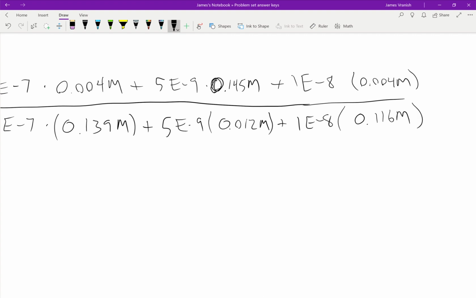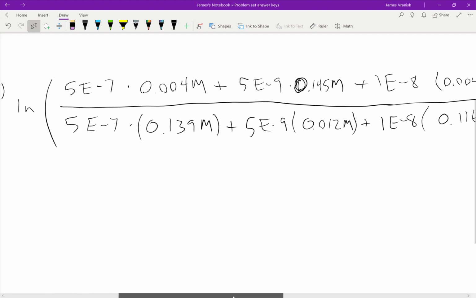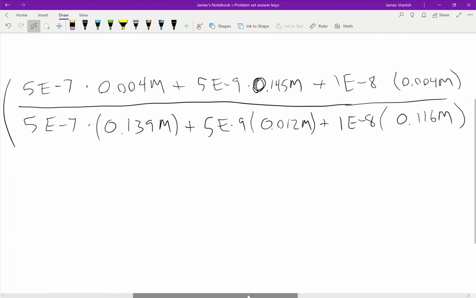All right, so if we go through and calculate all of this, we are then going to end up with our membrane potential, delta psi. All right, so I'm going to calculate the part inside of here first.